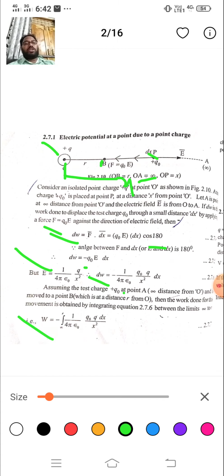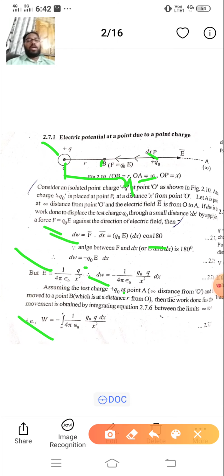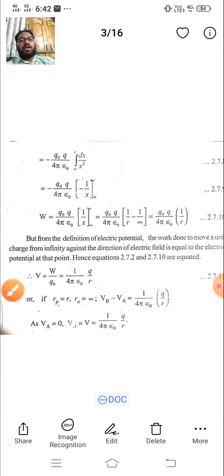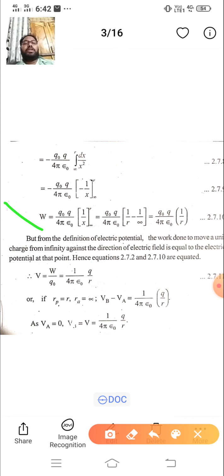Hence W equals minus integral of 1 by 4 pi epsilon Q Q naught into dx by x square, which gives W equals 1 by 4 pi epsilon into Q Q naught into 1 by x from infinity to r. Substituting the limits, we get 1 by 4 pi epsilon naught into Q Q naught by r.